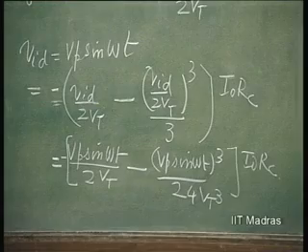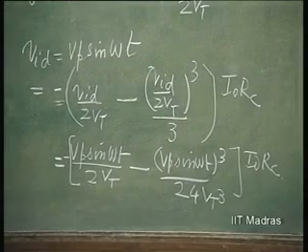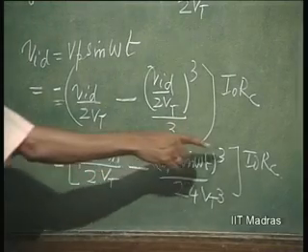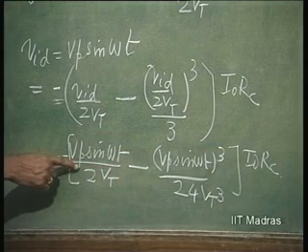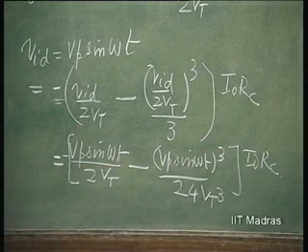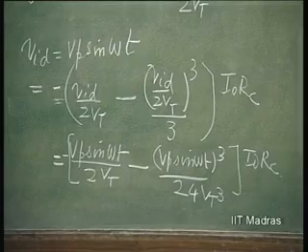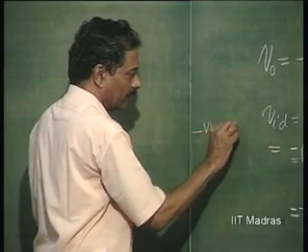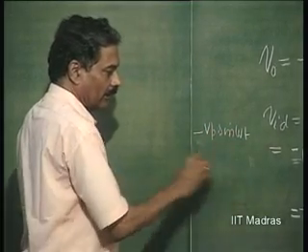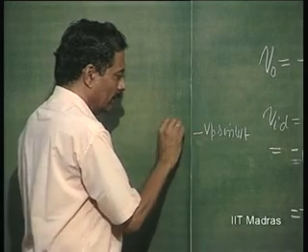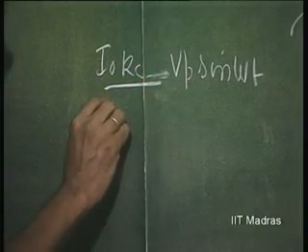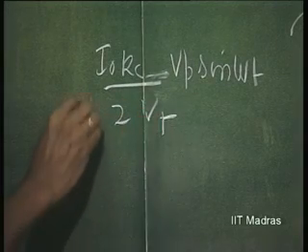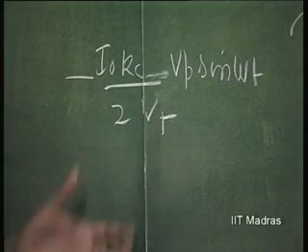Now, as far as the gain is concerned, you can see that I naught Rc divided by 2Vt. So, output will be corresponding to Vp sin omega t into I naught Rc divided by 2Vt with a minus sign. What does it indicate?